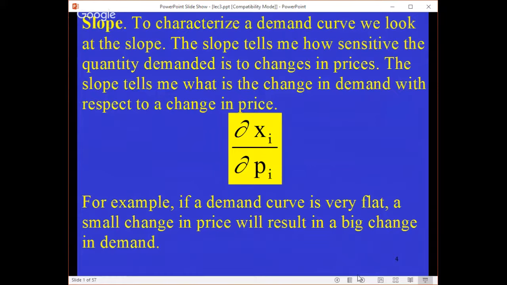So if I have a demand curve that looks like this, its slope is going to be big. If I have a demand curve that looks like this, it's relatively flat, and that number will be smaller.